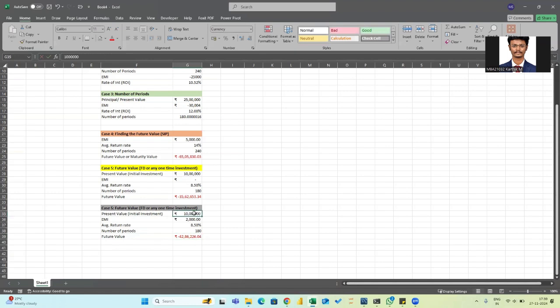So you're investing 10 lakhs and in the same fund you're again putting 2,000 rupees per month. So at the end of first month you will get 10 lakh into 8.5 divided by 12, this amount as interest.